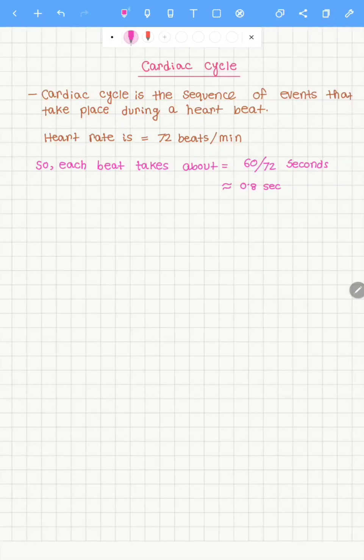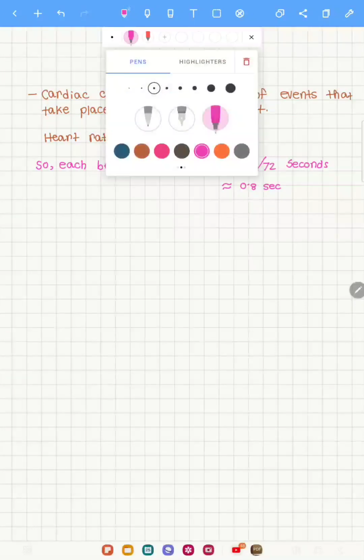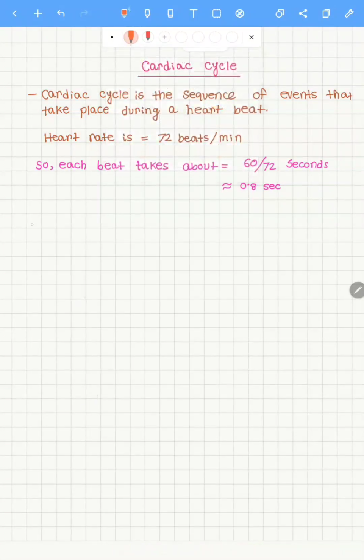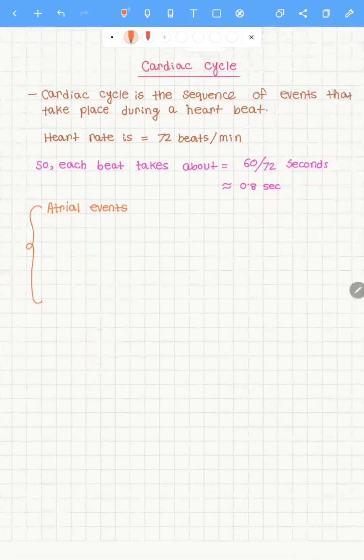Cardiac cycle has further been divided into two kinds of events, atrial events and ventricular events, because the heart consists of both atria and ventricles.